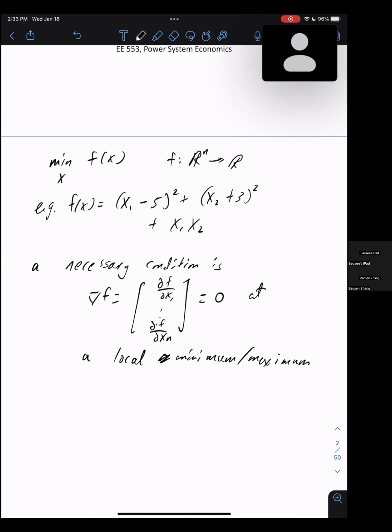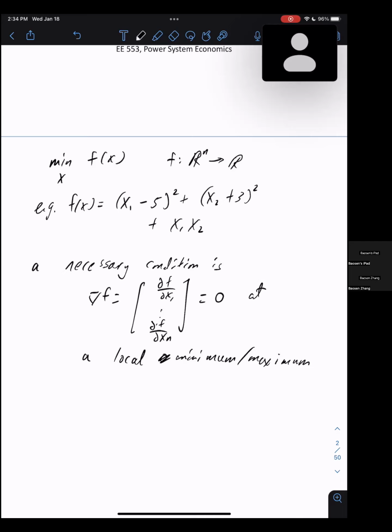If you're at a local minimum or local maximum, then the gradient has to be equal to 0. This is called the gradient of f, and if you are at a minimum, then this gradient has to be equal to 0. So this is called a necessary condition. This has to happen at a minimum.